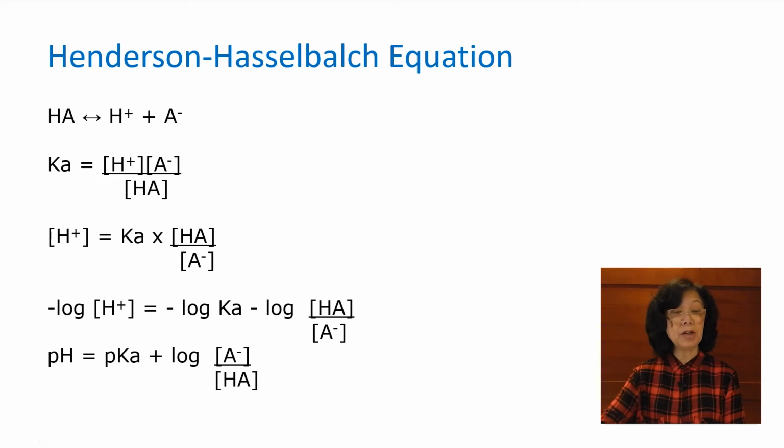Now we have pH is equal to pKa plus log of A- over HA. Notice that we changed the sign from negative log of the ratio to positive log of the ratio, and I invert my ratio to A- over HA now. Now we have the Henderson-Hasselbalch equation, which is very functional to calculate the pH of a buffer system.